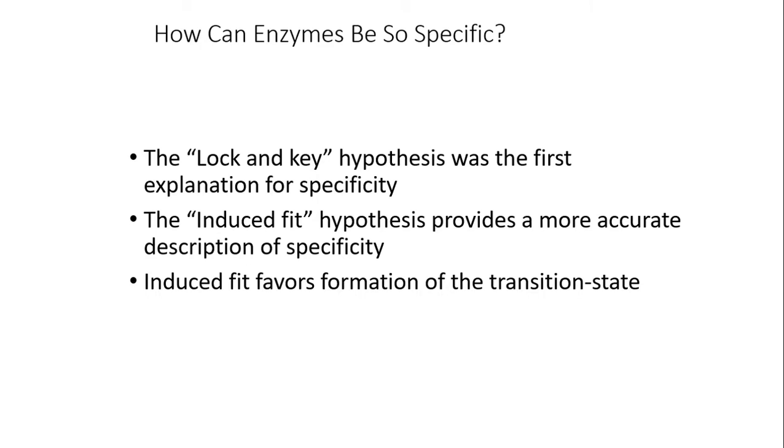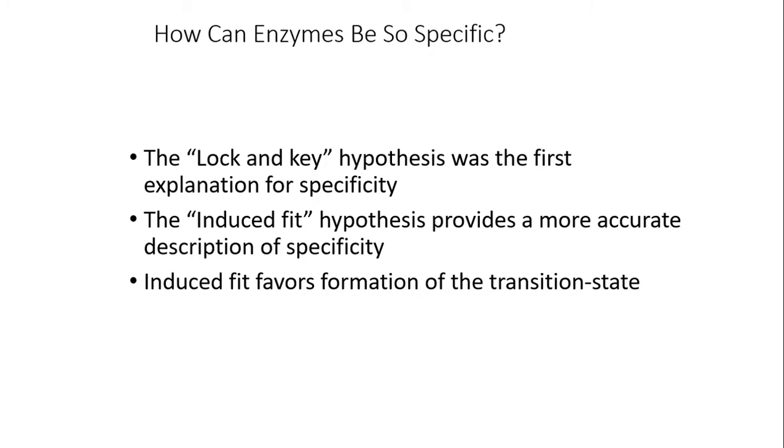So with respect to enzyme specificity, there are two hypotheses. One is now more universally accepted than the other. However, the first theory or hypothesis was put forth by Emil Fischer in 1894.